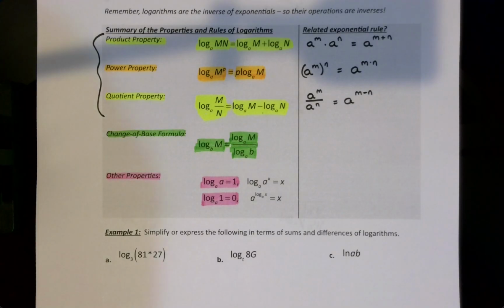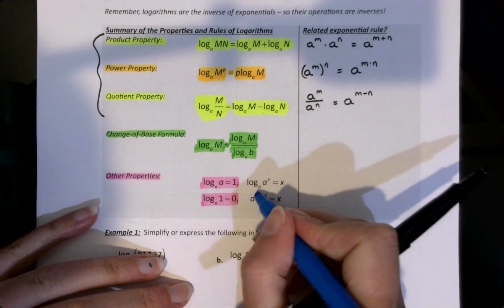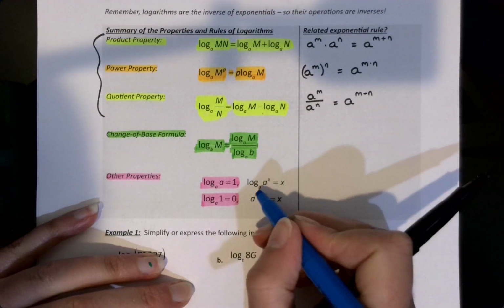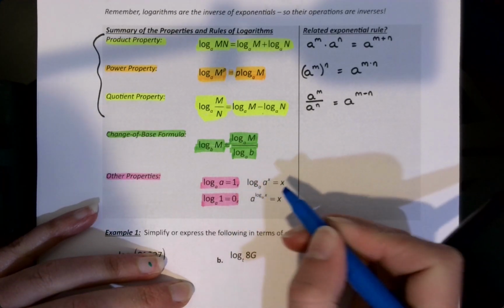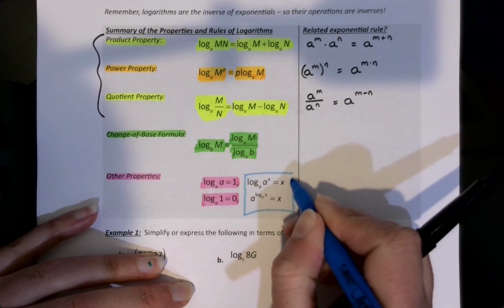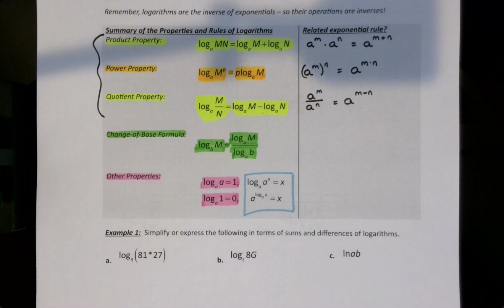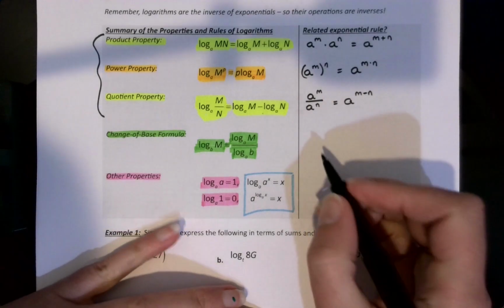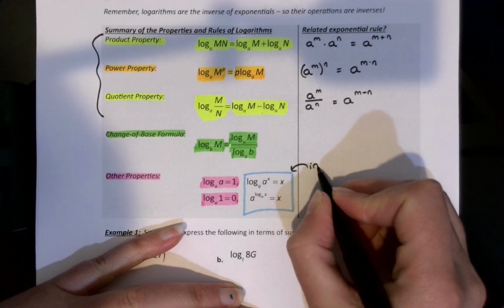And then similarly, we can look at the properties here that say that log base a of a to the x is x. This is an inverse property because these are actually both inverse properties right here. Logs and exponentials are inverses of each other, right? So these are our inverse properties.